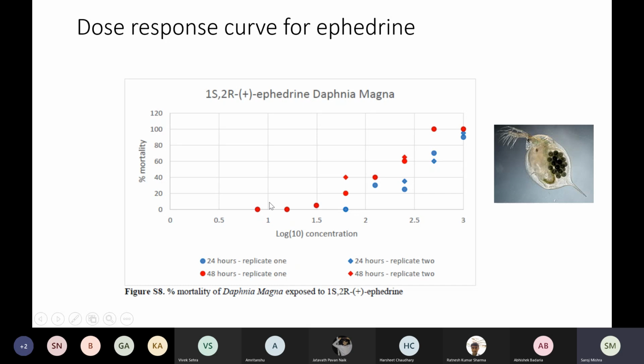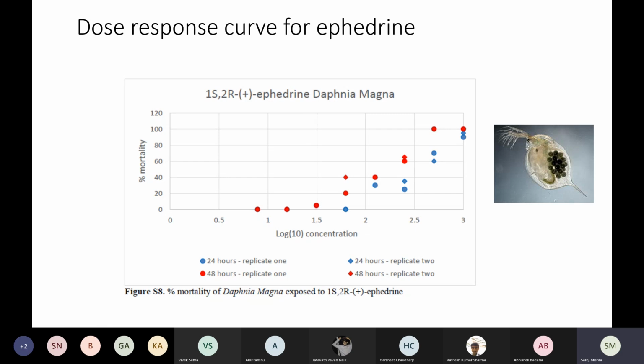If we examine the dose response curve for a particular chemical, which is ephedrine here, I will come back to tell you what exactly and where ephedrine is found. As the concentration of ephedrine increases, reported in terms of log to the base 10, this is the response. You start out with a certain number of these insects, which can be seen clearly under a microscope.